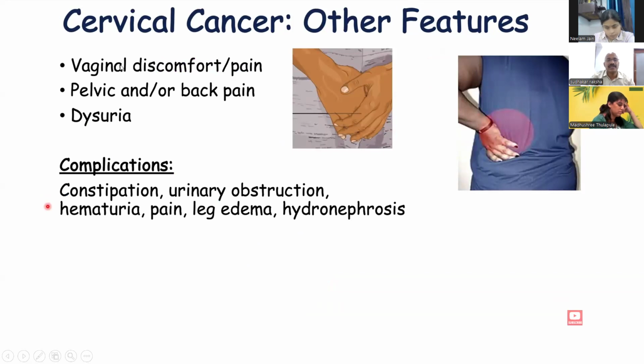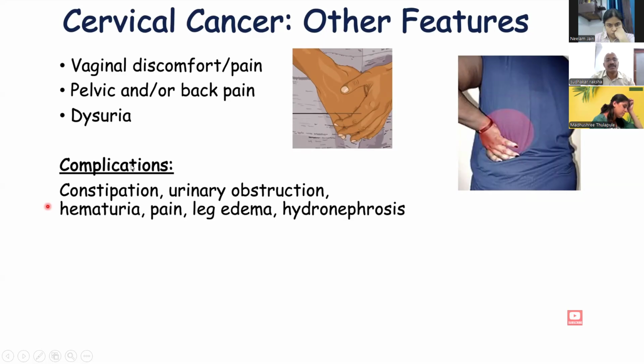So leukorrhea, white discharge, foul-smelling red discharge, back pain, pain during sex, and pain during urination are all the clinical features of carcinoma cervix.